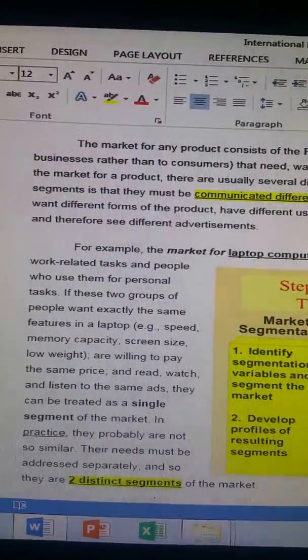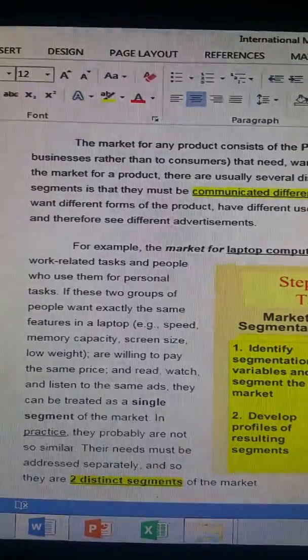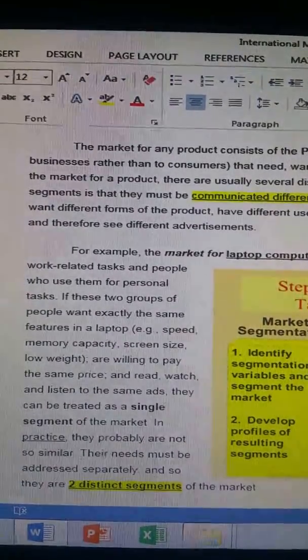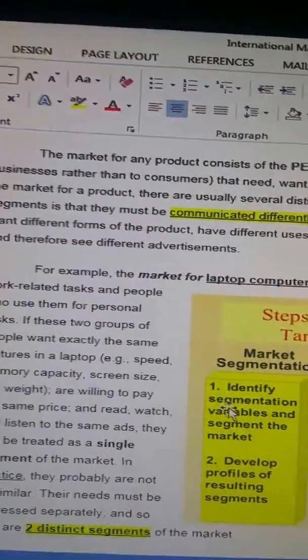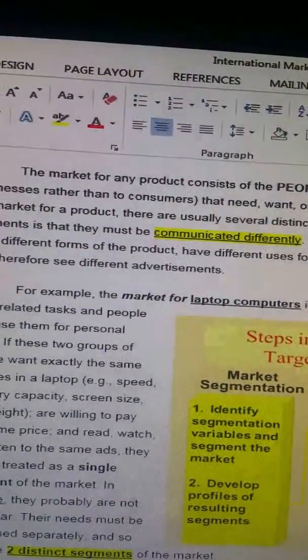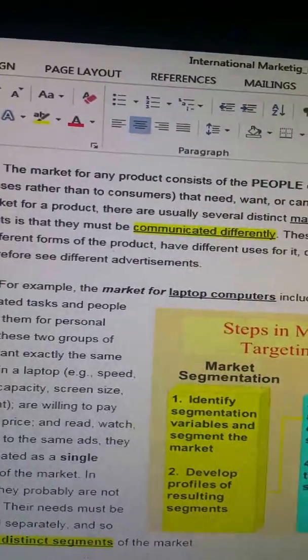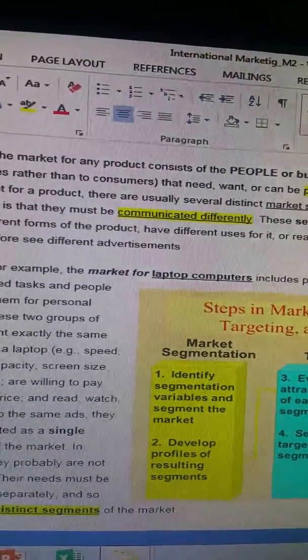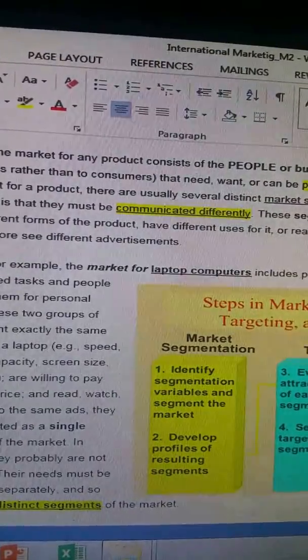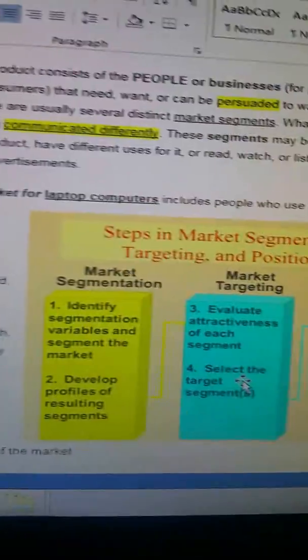So, to analyze what market we're talking about, we have market segmentation, market targeting, and positioning. Number one, identify the variables. Number two, we develop certain profiles of those segments. Once we have that analysis, we can target.